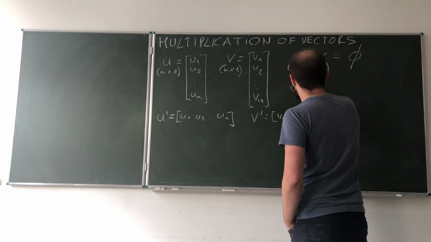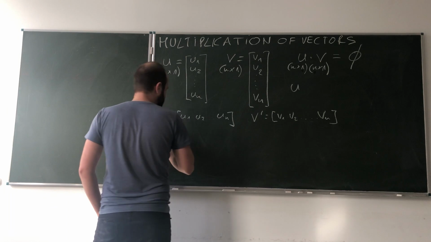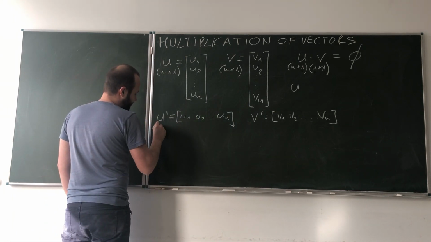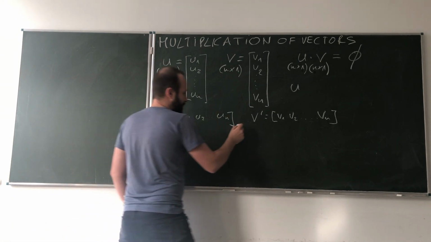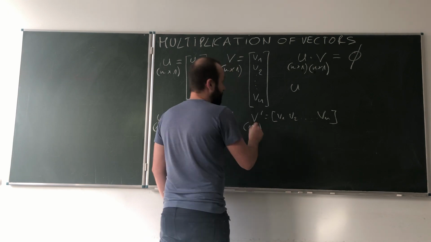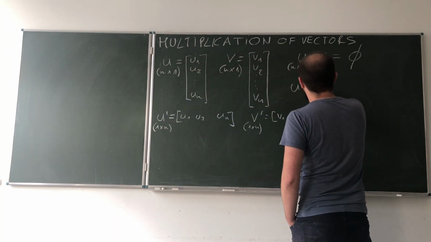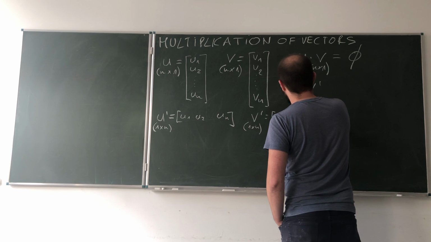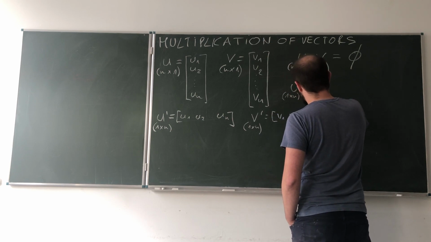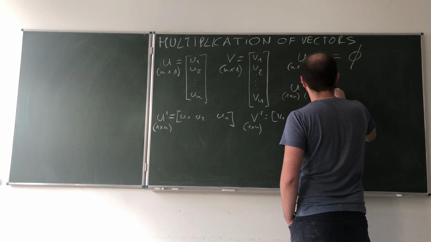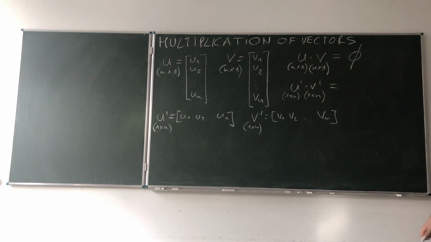Okay, so it's u prime. Oh, okay, let's put their dimensions first. 1 by n, 1 by n. So u prime times v prime, we've got 1 by n and 1 by n. Can we multiply them? Well, we can't.